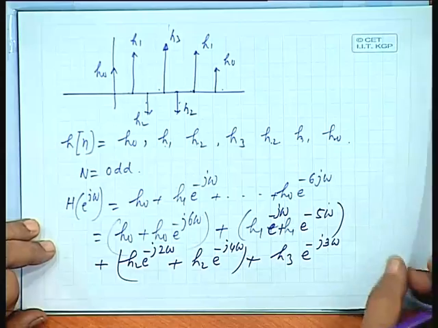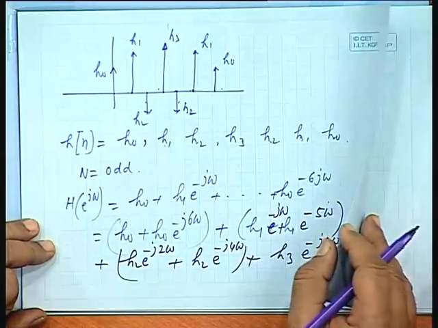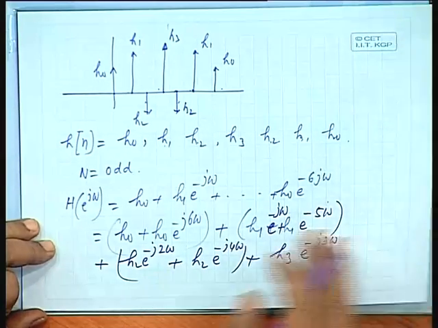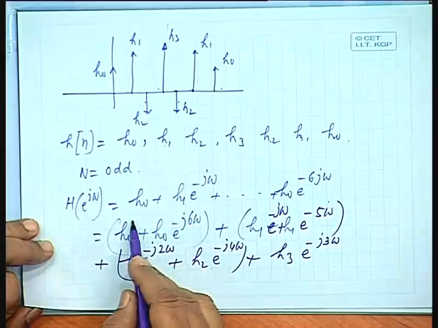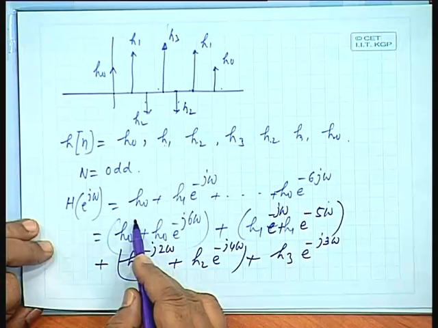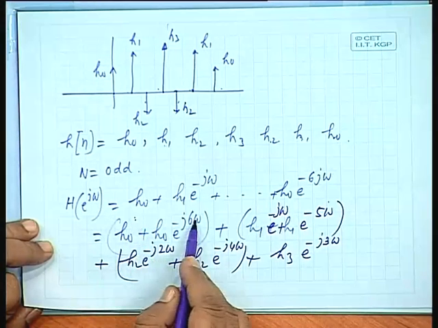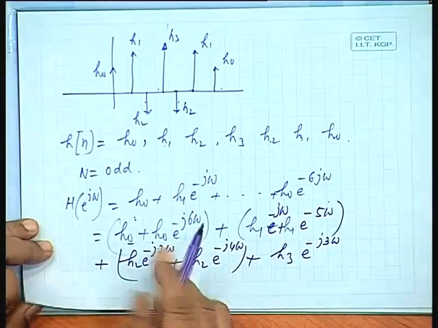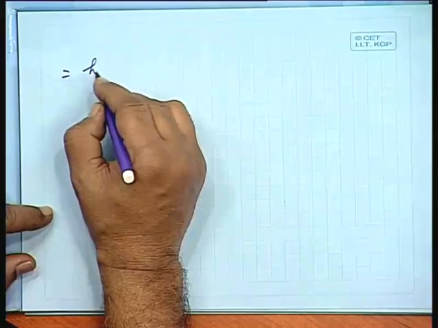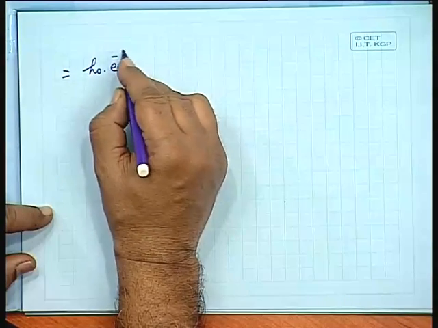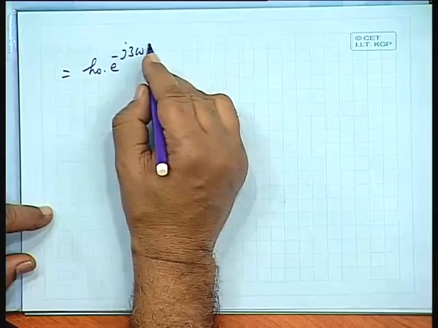You can take the common term out, h0, and if I take the mid value, this is e to the power j 0. So, 0 and 6 omega, what is the average? 3 omega. So, I will take e to the power minus j 3 omega outside. So, it will be h0 into e to the power minus j 3 omega outside.